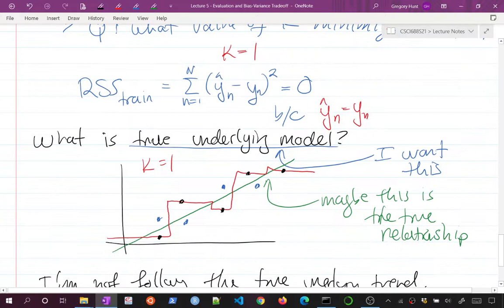In this case, my training RSS is 0 for this example. But if I generate new data or have another data set, and I look at the difference between the red line and the blue points, that's not 0. I'm definitely not going to get 0. And actually, I'll probably have a better generalization error, or a better test error, if I use the green line, because, assuming the true trend is linear, it's going to capture it better. I generally don't actually know what the true trend is, but these principles still apply.